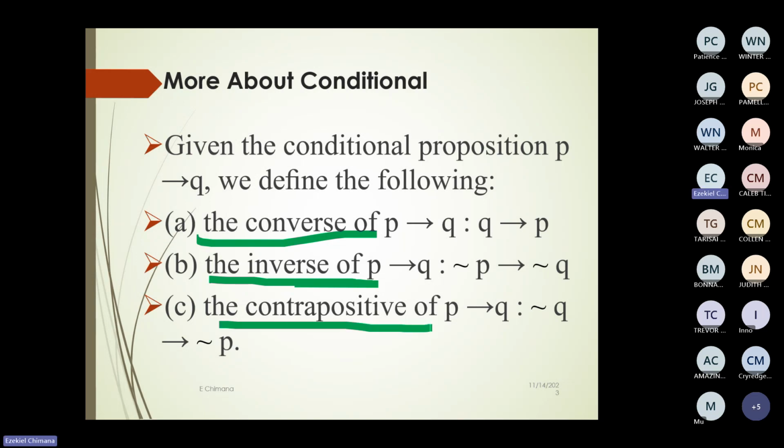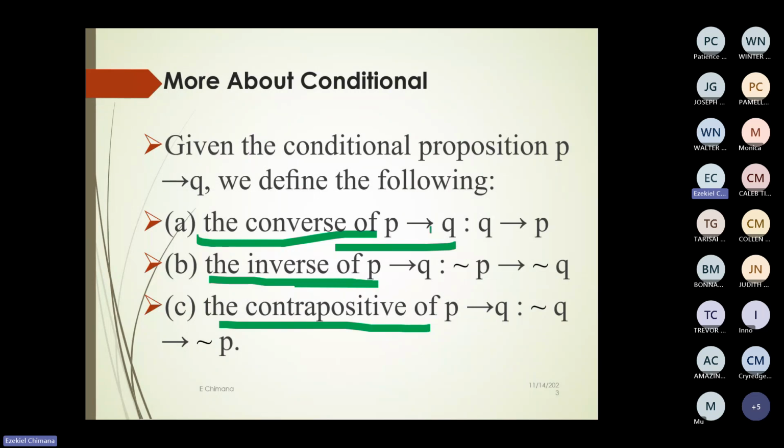The converse of P implies Q is just the opposite. This is when we have Q implying P. That's what we call the converse.